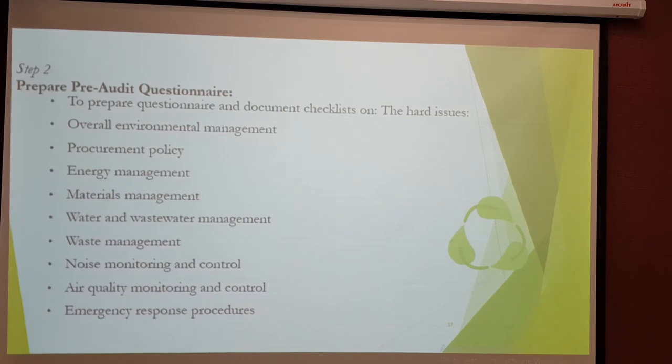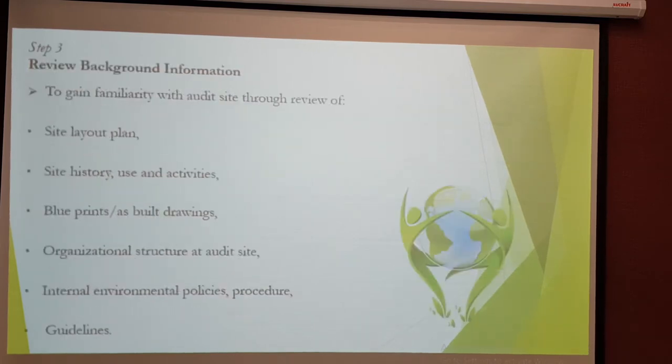Material management, raw material in terms of all the utilities, fuel, etc. Water and wastewater management, how they are managing their waste. Then you should prepare the checklist on waste management. Noise monitoring and control, similarly air, similarly water quality monitoring, and emergency response procedures.